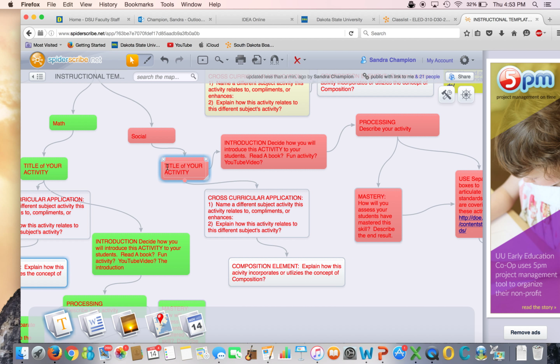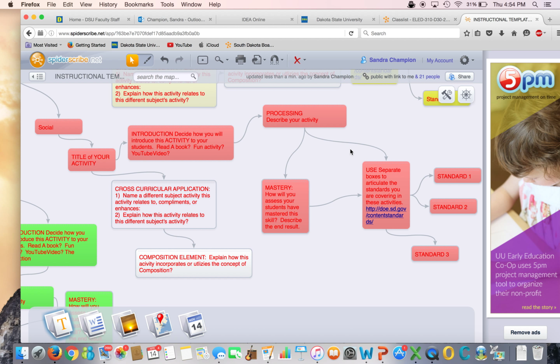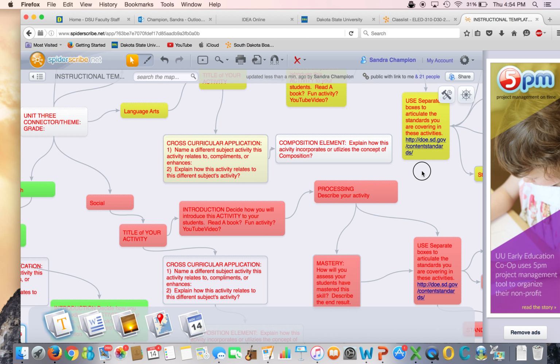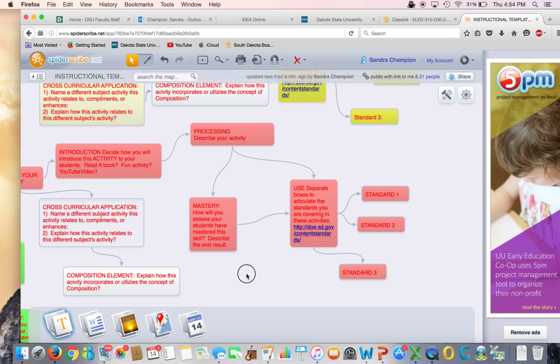Social studies, title of your activity. How are you going to introduce it? Processing is where you describe your activity. Mastering. How will you assess your students have mastered this skill? Use 3 separate standards. They don't all have to be history standards. You may have a language arts standards in with your history. That happens quite often. A lot of the language arts standards can go cross-curricular.